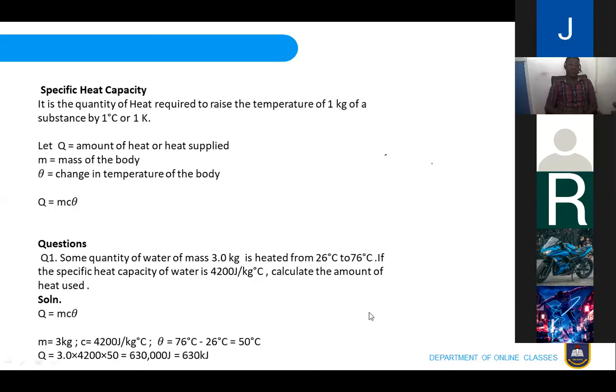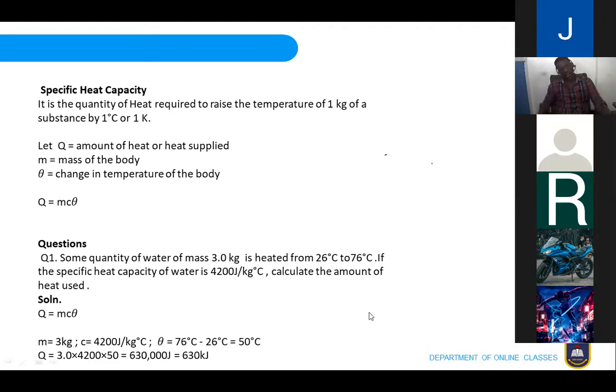Some quantity of water of mass 3 kilogram is heated from 26 degrees Celsius to 76 degrees Celsius.